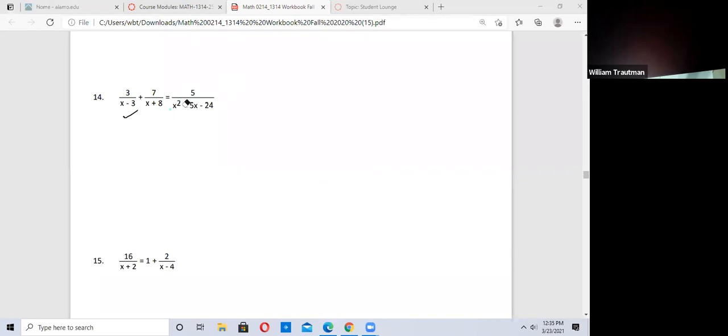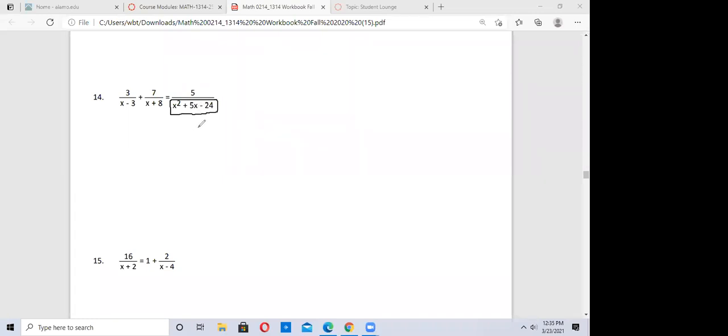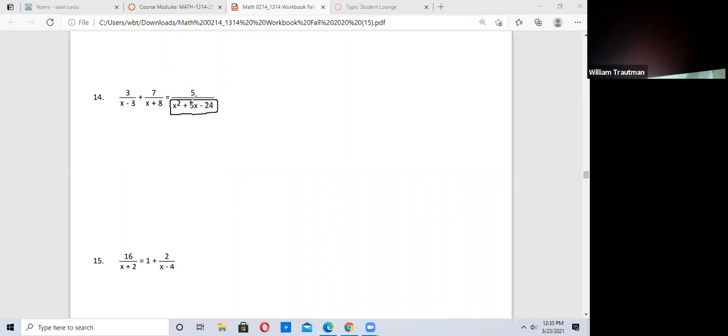But what did I say about this? Do you remember? I know I said it a couple of weeks ago, but what's the hint about this factoring? Well, the hint is it's probably going to equal what's over here.